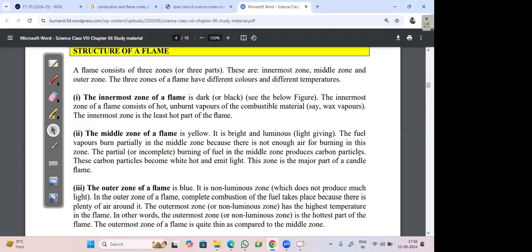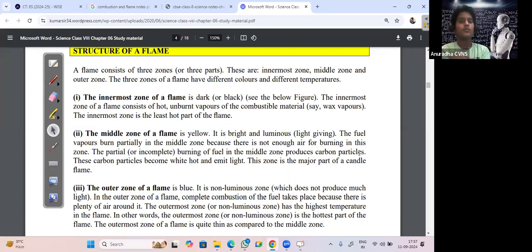It is the zone where partial or incomplete combustion is occurring. Can anyone tell why partial or incomplete combustion occurs in the yellow flame? Sir, because it is not exposed to much oxygen. Yes, it is not exposed to much oxygen. So in the middle zone there is incomplete combustion.